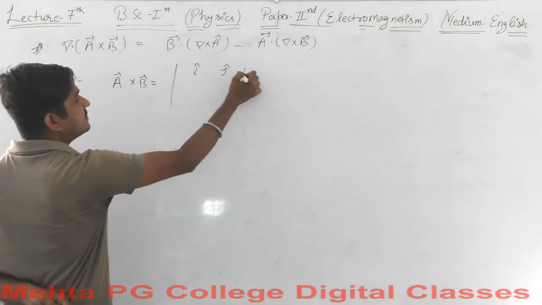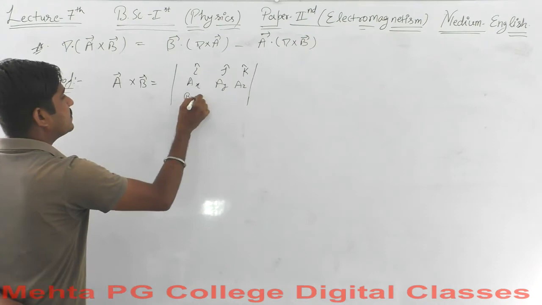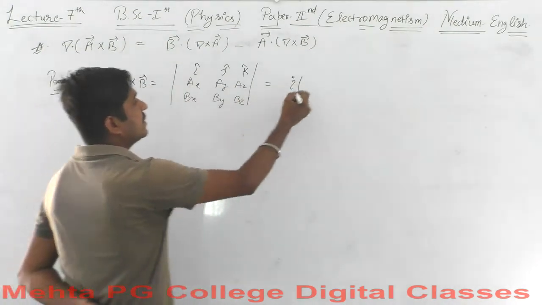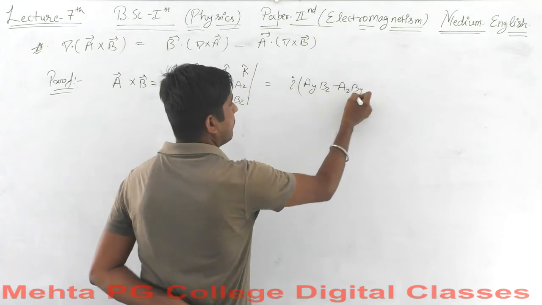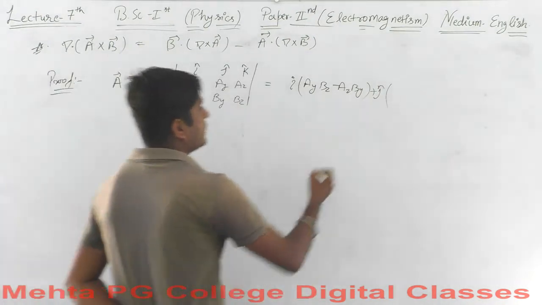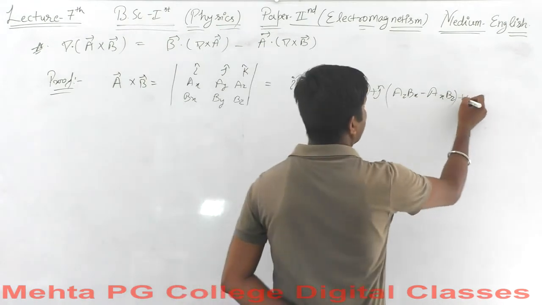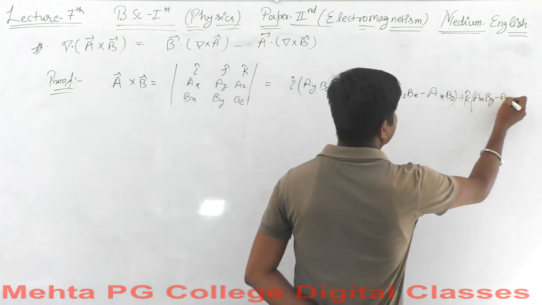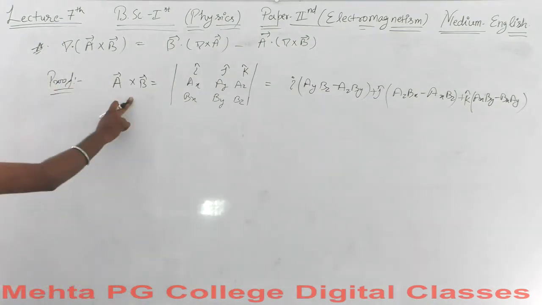Again, we will need a determinant here, but this determinant will be easier than the previous ones. With the components of all the vectors, this will equal I cap (AY BZ minus AZ BY) plus J cap (AZ BX minus AX BZ) plus K cap (AX BY minus BX AY). This is A cross B.